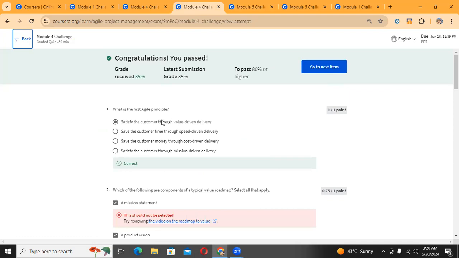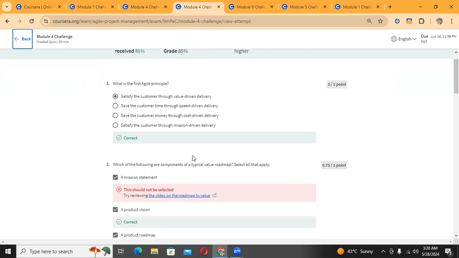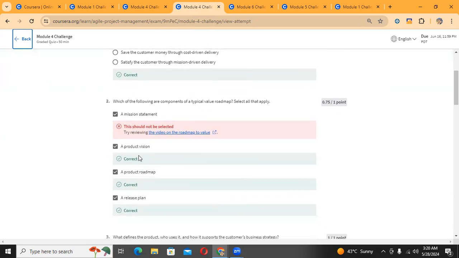From the first question, the answer is satisfy the customer through value-driven delivery. This emphasizes delivering value to the customer. From the second question, the answer is a project vision, a roadmap, and a release plan. These elements are crucial for outlining the project direction.